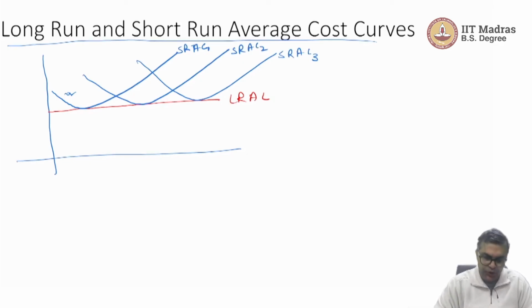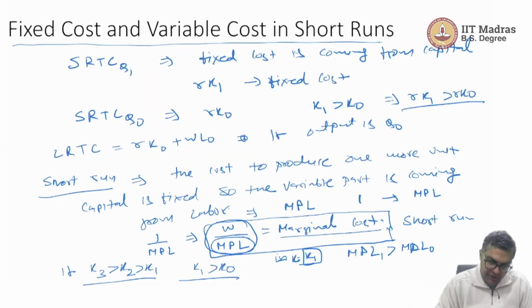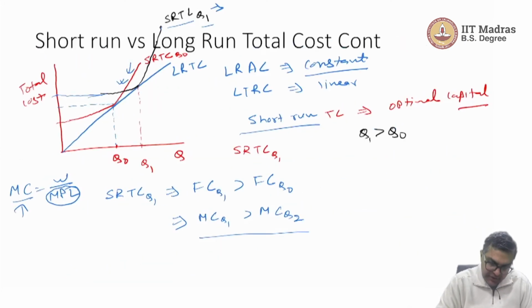That is the way it would go, and we will see the long run average cost is going to be enveloping these short run average cost curves from below. That is what we have figured out. Let us look at the graph once again. At this point for Q naught, short run average cost and long run average cost both would be equal.